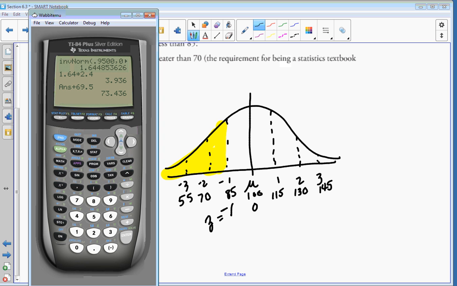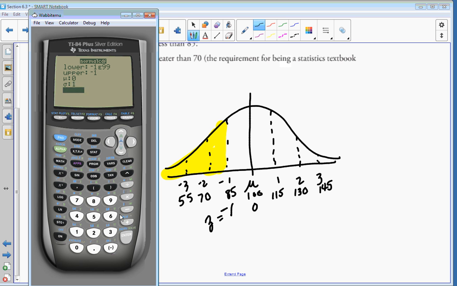And I can go to my calculator then and find the probability. Probability is area, so distribution, I have the z-score. I'm going down to the normal curve. I'm going to say all the way from the very end, and I'm going to go to the upper limit of -1.